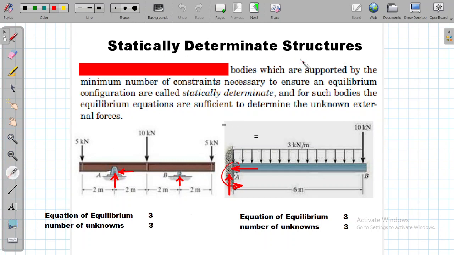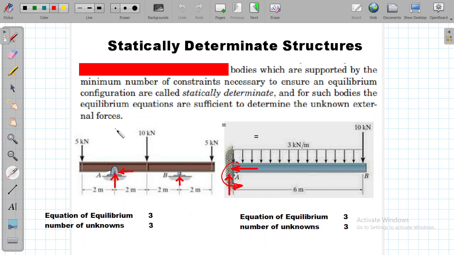Statically determinate structures are those bodies which are supported by the minimum number of constraints necessary to ensure an equilibrium configuration, and for such bodies the equilibrium equations are sufficient to determine the unknown external forces.